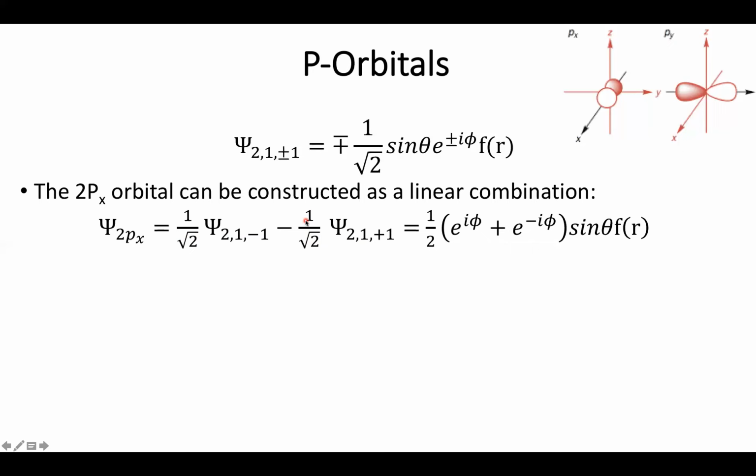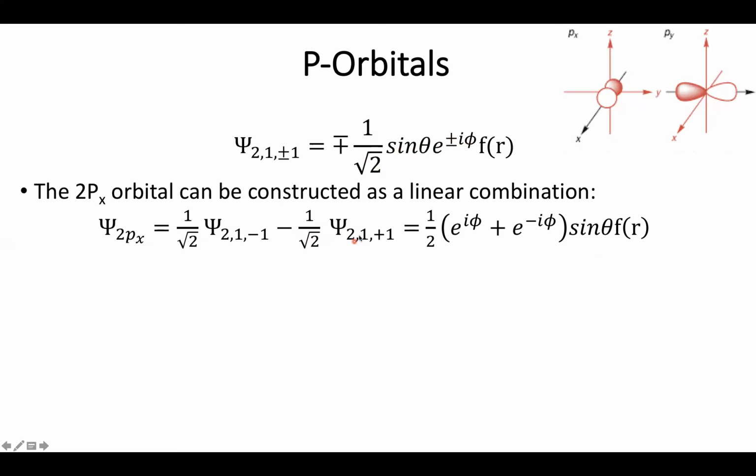But it does turn out that how you combine these two, whether adding or subtracting them, will give you a slightly different shape. So if I subtract these two wave functions, I can then insert my expression of 1 over square root of 2 sine theta e to the i phi. When I do this, I'm going to pull out the sine theta because that is shared with both functions.